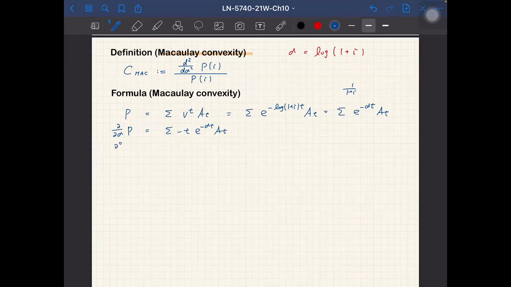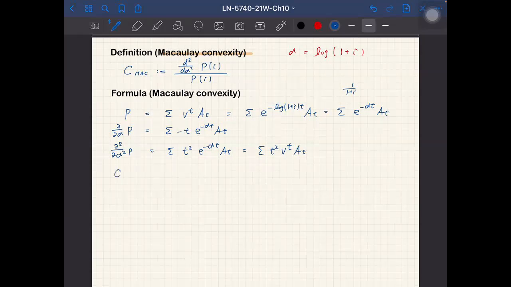The second derivative is once more, so the negative t is multiplied again: t squared times e to the power negative delta t, A sub t. If you go back to the expression with v, this becomes t squared times v to the power t times A sub t.